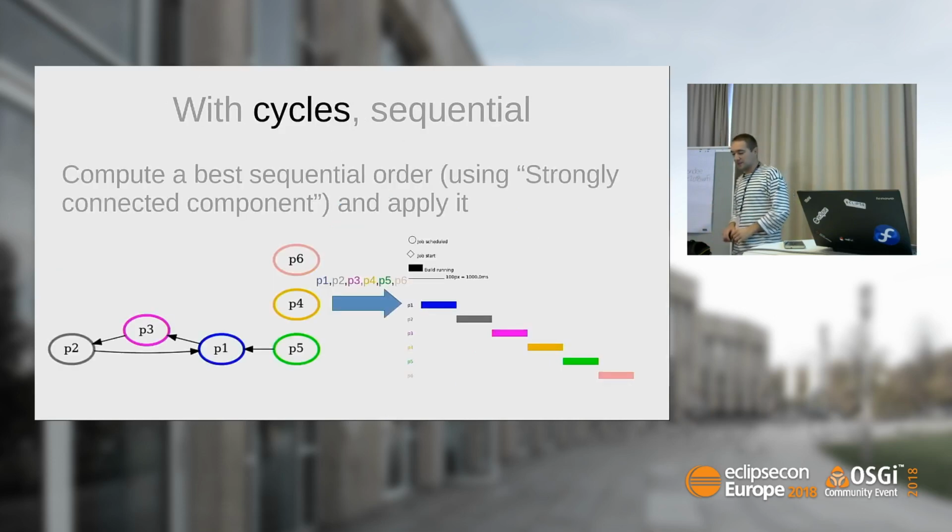The other interesting case, which is not so frequent, but it's very fun for the sake of algorithm, are the cycles. So if you have cycles in your workspace, you should avoid it. It's just annoying, but still it can happen. In the current sequential build, when you have a cycle, there is no topological sort.